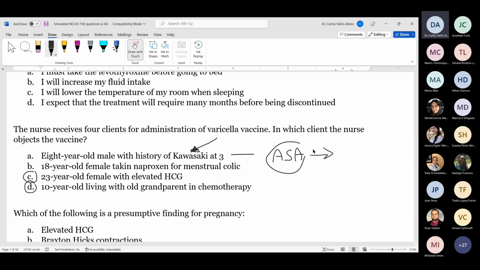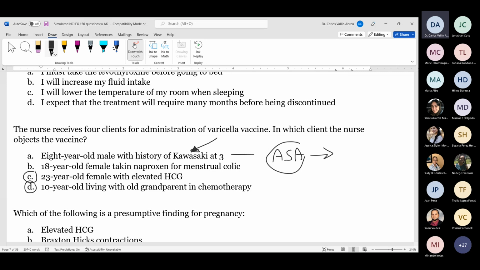So children taking aspirin cannot receive the flu vaccine and the varicella vaccine until they stop the aspirin. After they stop the aspirin, they can receive the vaccine. This child had Kawasaki 5 years ago, so is not taking aspirin at this moment and can receive the vaccine.